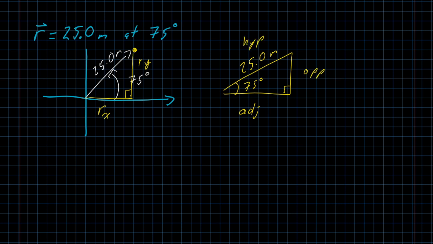I have an opposite leg, an adjacent leg, and a hypotenuse. I know that the sine of the angle is equal to the opposite leg over the hypotenuse. And if I plug in that my theta is 75 degrees, my opposite leg is what I've called r_y in the original figure, and the hypotenuse is the total magnitude, 25.0 meters.